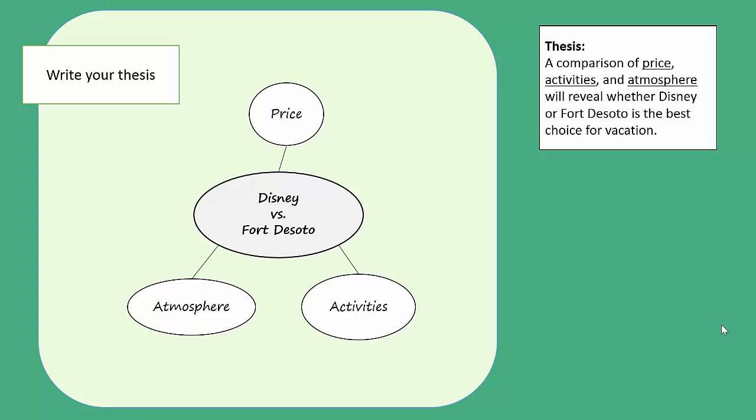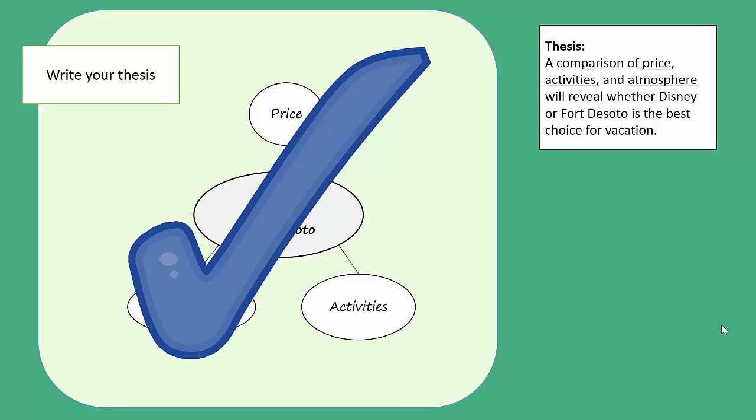This sounds great. It's a comparison, it has three different areas, and I'm comparing two places, just like the instructions said. The instructions, if you remember back, were to compare two vacation destinations. So it passes the thesis test. Great. Plus, now we have a working thesis that we can work with going forward.